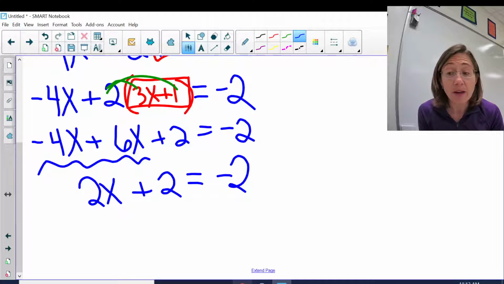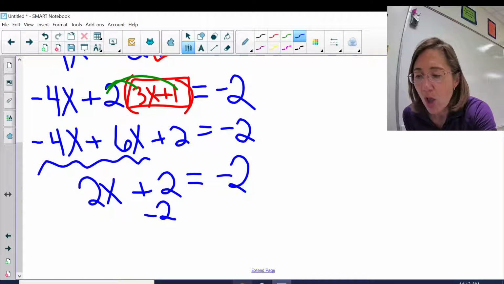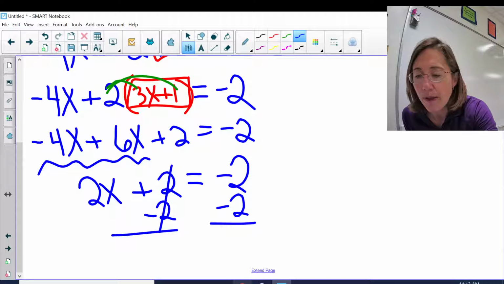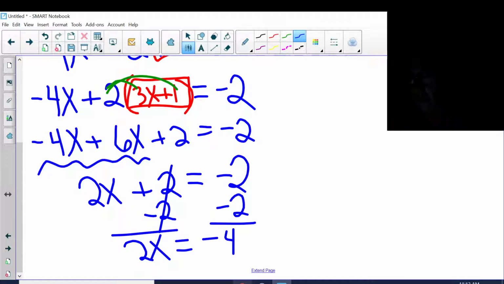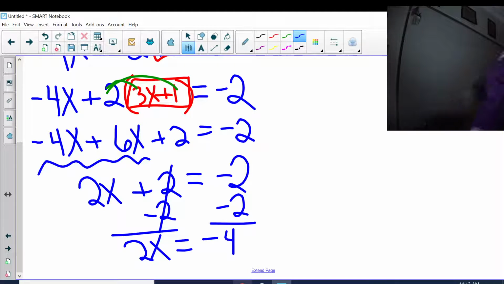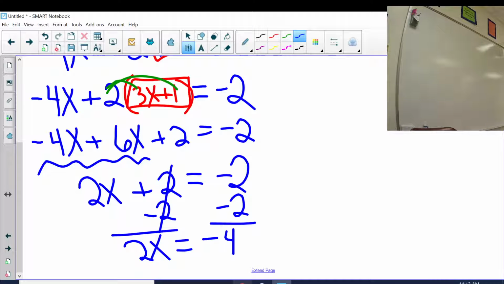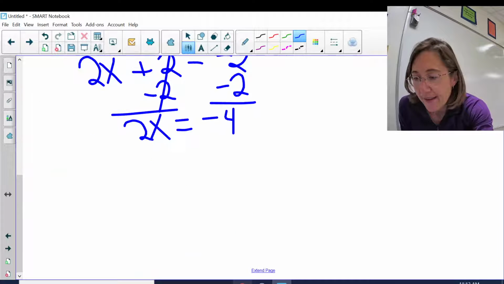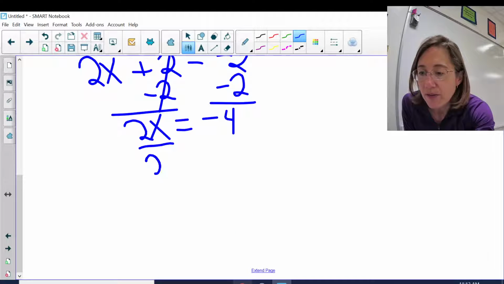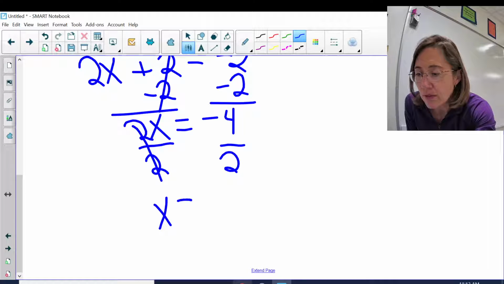And we need to get rid of the plus 2, so we'll subtract 2 on both sides. So this part should feel real familiar to you. Those go away. So I have 2x equals negative 4. So if I divide both sides by 2, that means x equals -2.